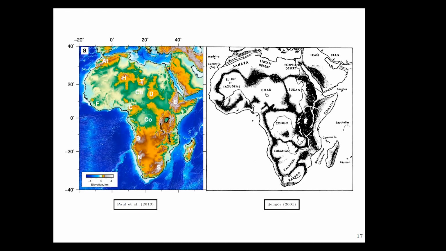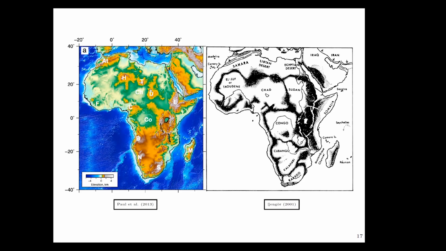Some people say it's pretty recent, some people say it's pretty late. But the most important thing is that Africa has two main features. One is the long wavelength high topography, which is basically visible towards the south of Africa, and there is obviously the shorter wavelength towards the north of the swells.